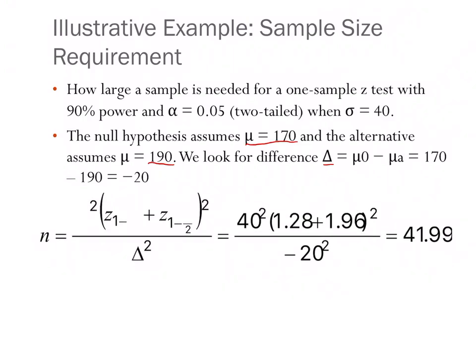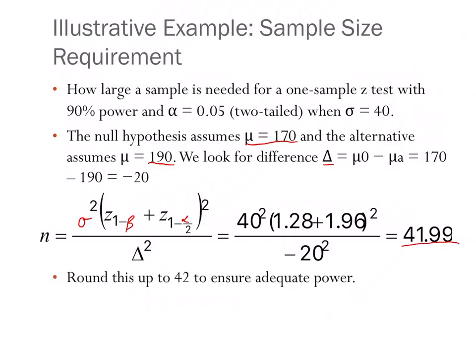So our n is going to be, once again, the standard deviation sigma squared times z 1 minus beta plus z 1 minus alpha over 2, squared, over the delta squared, which is 40 squared times 1.28 plus 1.96 squared over negative 20 squared, which gives you a value of 41.99. We will round this up to 42 to ensure adequate power.